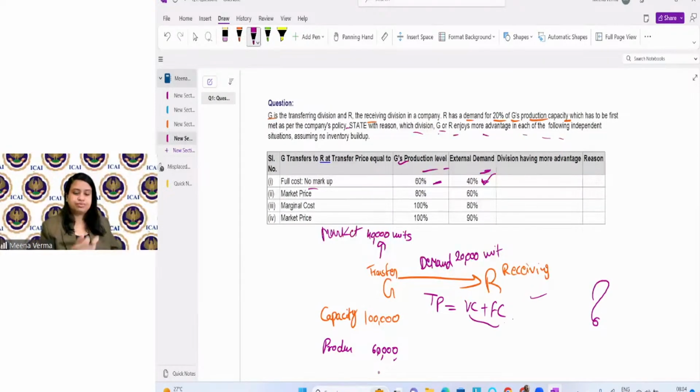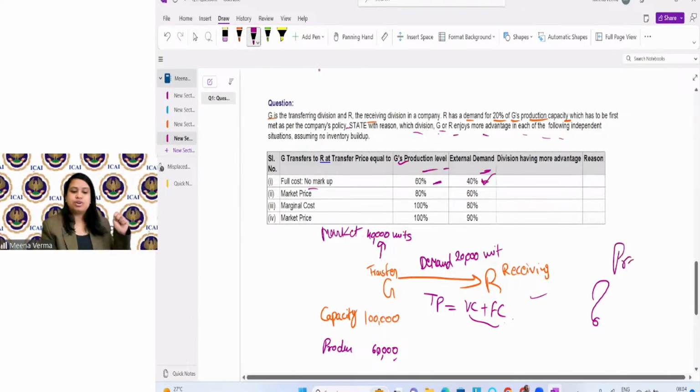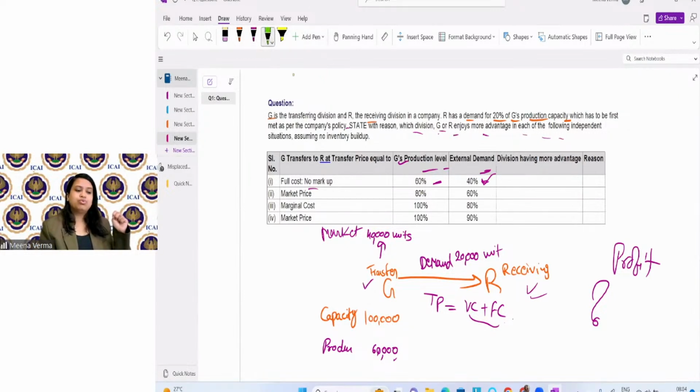Question: if this is the transfer price, who will be in a position of gain? Who is having more profit? The manager of department G or the manager of department R? Who is having the maximum profit here?